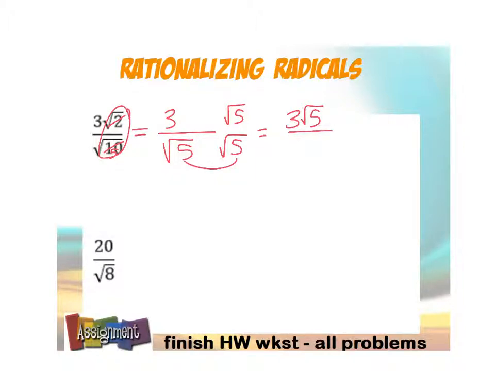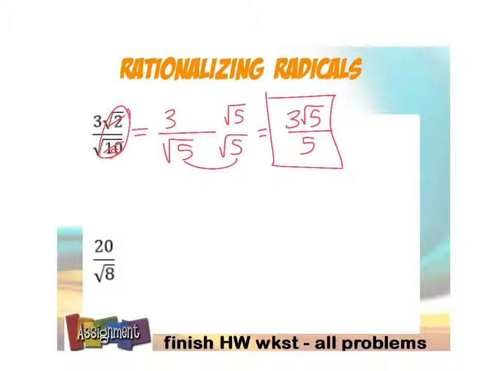In the bottom, I'm going to end up with just a plain old 5. Take a minute there to decide, will this reduce? The 3 over 5 does not, and the 5s can't because one's in the radical and one's out. There you go.